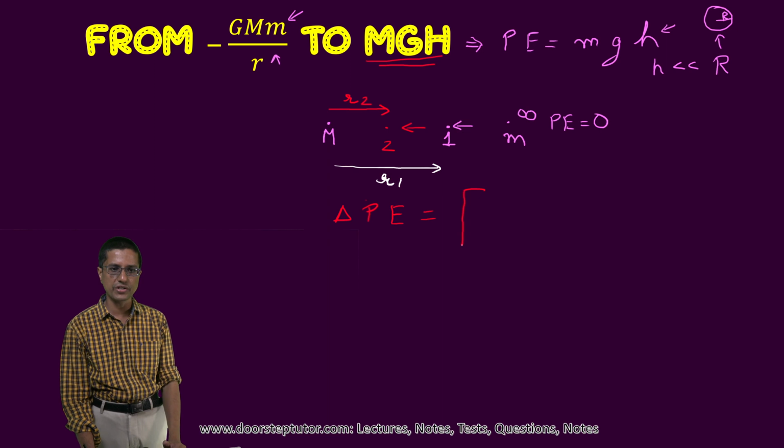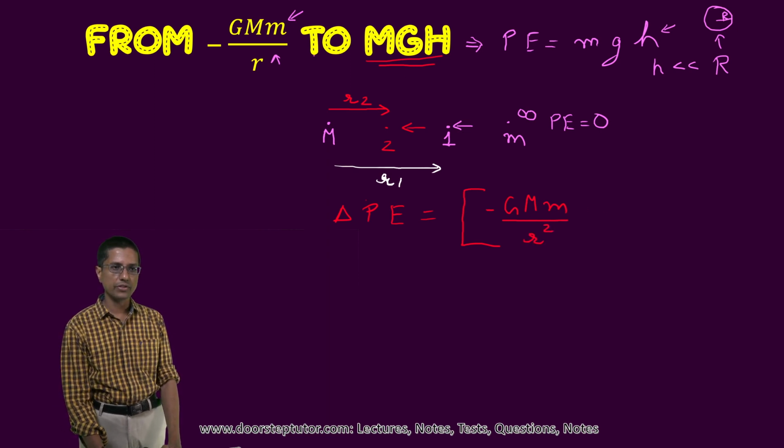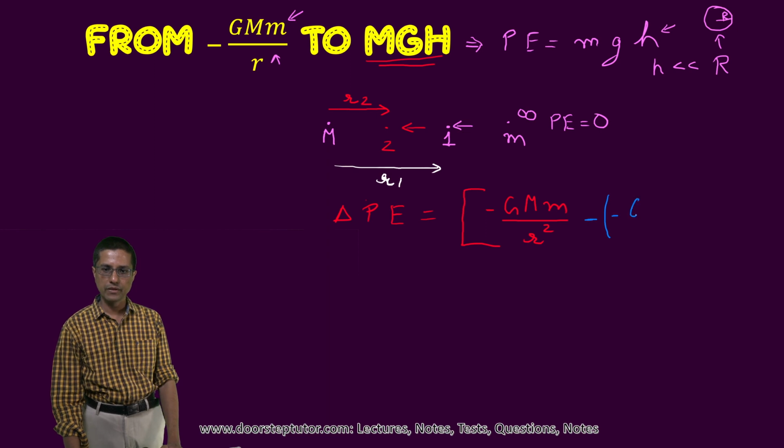What is the change in potential energy? The change in potential energy will be the potential energy at this point r2, which we can write as minus G capital M small m upon r2, and then minus the initial potential energy, which was at this point r1, so we will write that as minus of G M m upon r1.